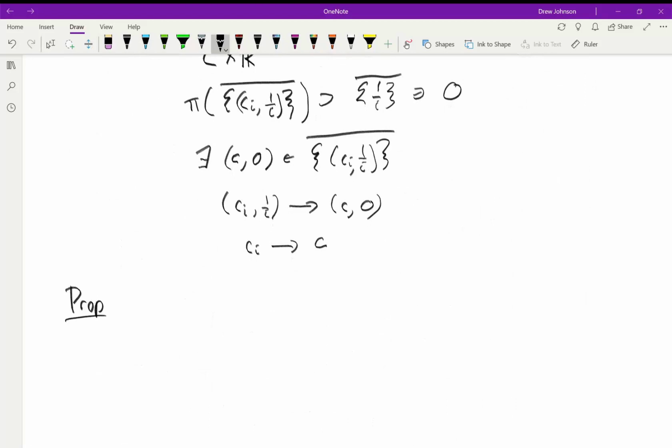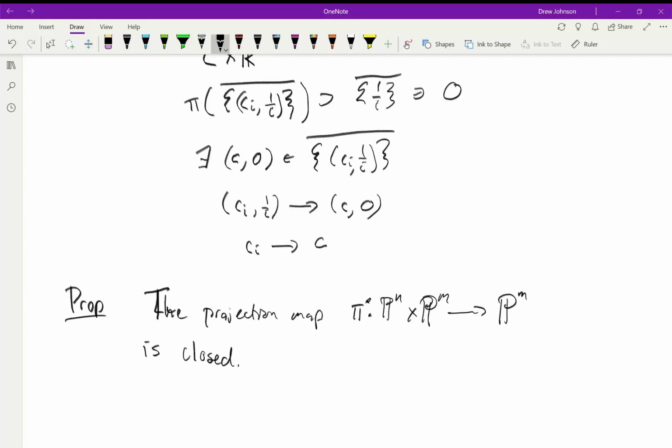So here's the lemma: the projection map pi from Pn cross Pm projecting onto Pm is closed. All right, so for the full thing, we really want Pn to be any projective variety, and we want Pm to be any variety, but we'll extend to those cases in a minute.